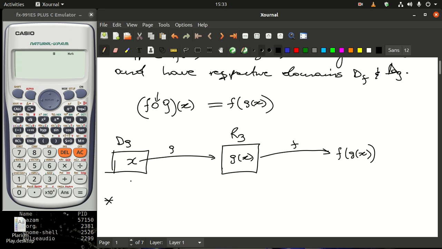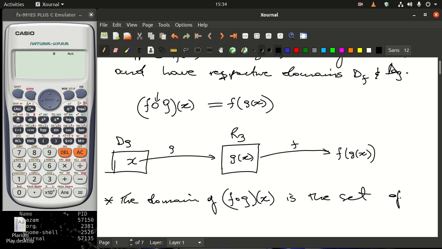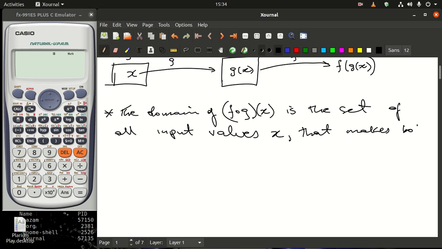So in a nutshell, we can just say that the domain of the composition of f and g is the set of all input values x that make both g of x and f of g of x defined.